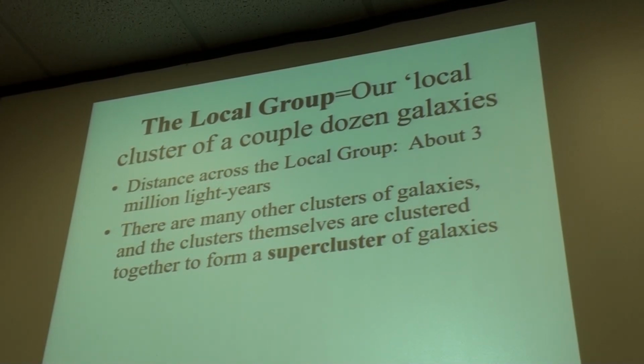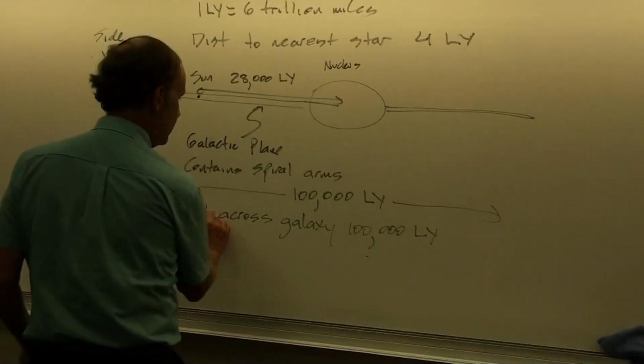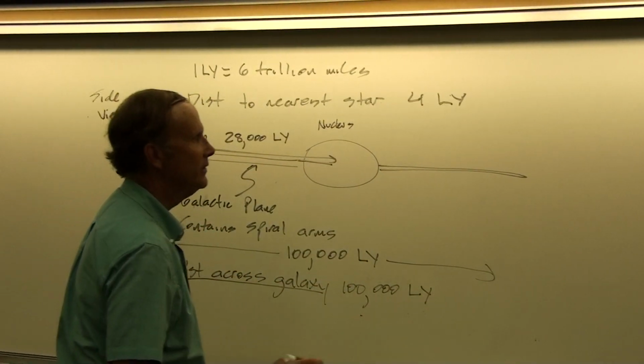Okay, so let's just try to summarize a few of these most important points. Hope you're taking good notes. Okay, so this is the distance across our galaxy, 100,000 light years.